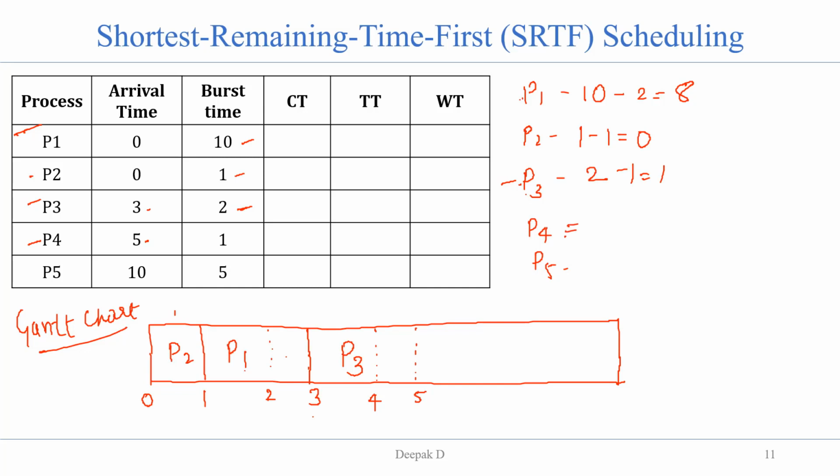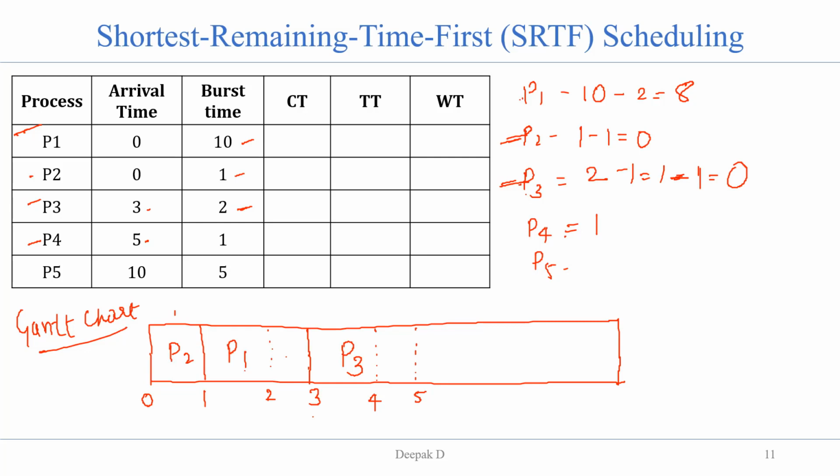What is the burst time? Here it is 1, and we had only 2 milliseconds of burst time with P3 and I executed it completely. So the remaining time is 0. So P2 and P3 are completed now.